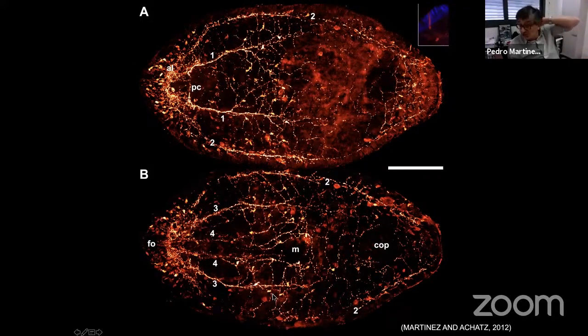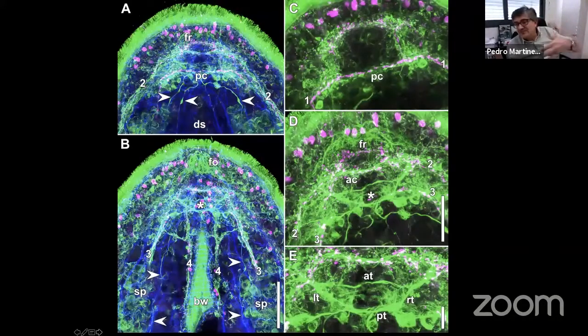Here you can see the nervous system of one of those species, with the aggregation of the brain, and these are nerve cords, and then you have a net of interconnected neurites. This is from the dorsal and ventral side of Isodiametra, but also you have combinations of antibodies that allow you to identify specific kinds of neurons here in green and in magenta.